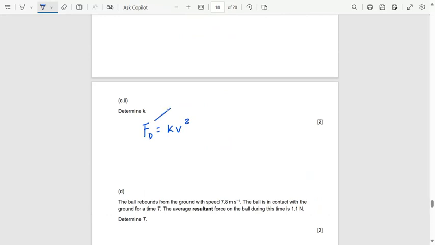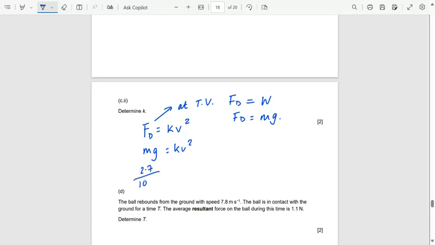So at terminal velocity, the drag force is equal and opposite to the weight. So the drag force is equal to mg. This is where that mass that I need to convert will come in. So I'm now going to put that into my formula. So the weight, which is equal in magnitude to the drag, equals kv squared. So the mass was 2.7 grams divided by 1,000 to get kilograms, times 9.8, equals k times speed squared.